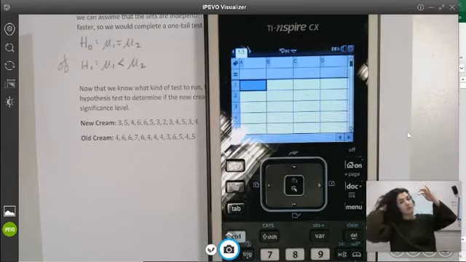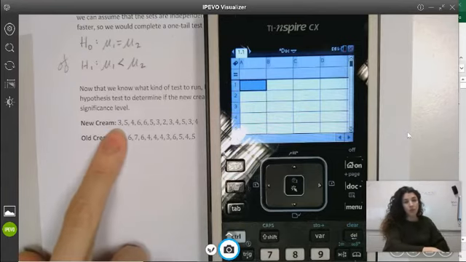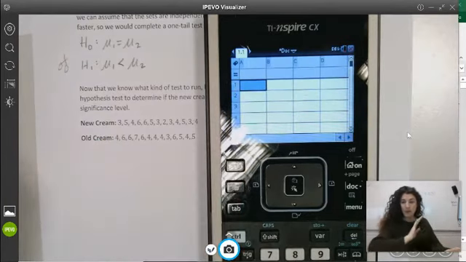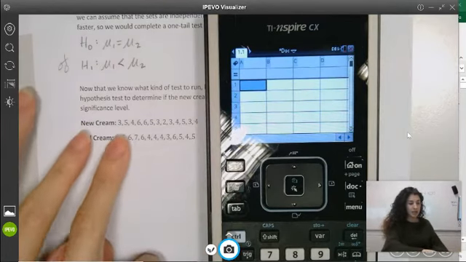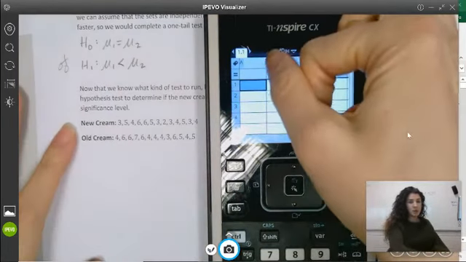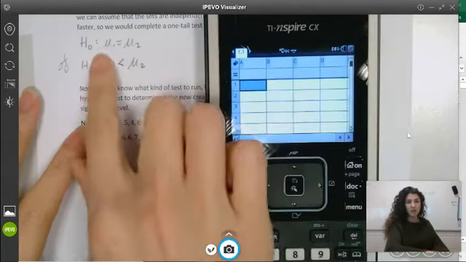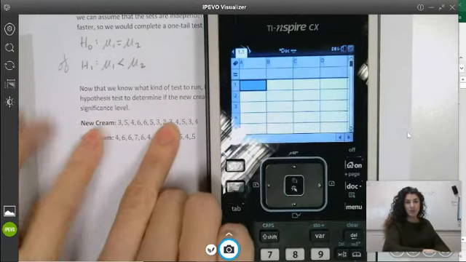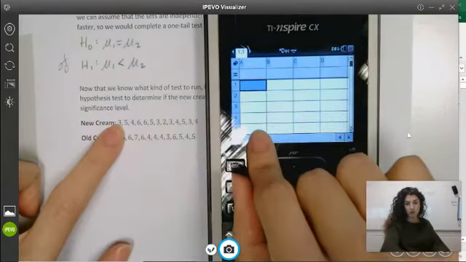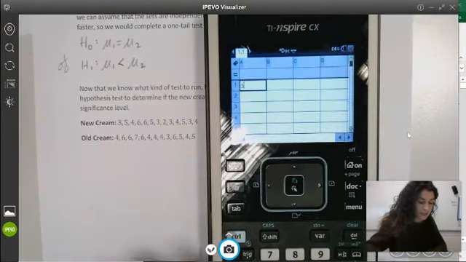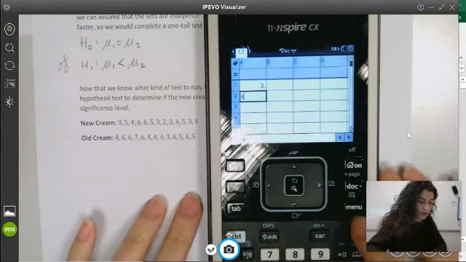Almost always your data will be given to you such that the first row goes into the first column, but I always like to take a second and double check that my mu1 is the corresponding first column. mu1 deals with the new cream, and so that one should go into the first column. It's not something you should really worry about.